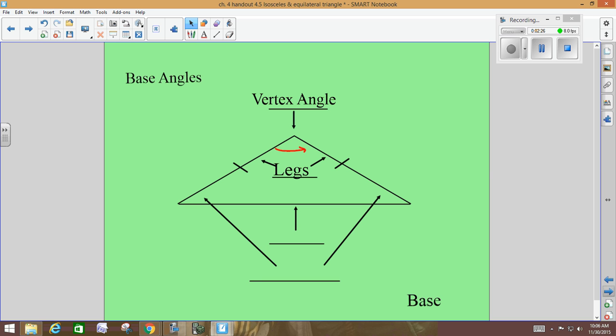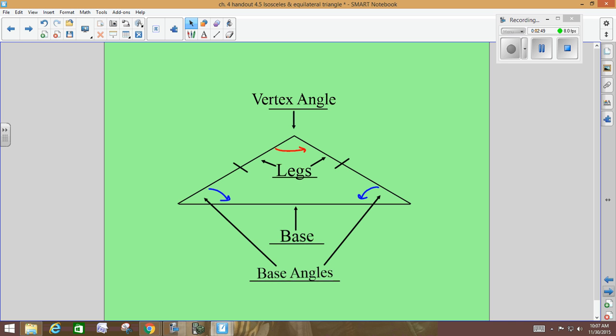The congruent sides are the legs. The third one down is pointing to this third side, which we'll call the base. And the last one is pointing to these two angles that sit on the base. So those are called your base angles. Okay, parts of an isosceles triangle: two legs and a base, two base angles, and a vertex angle.